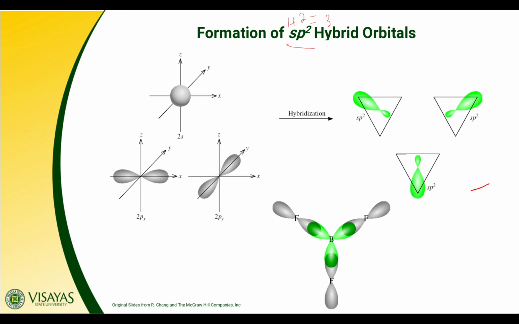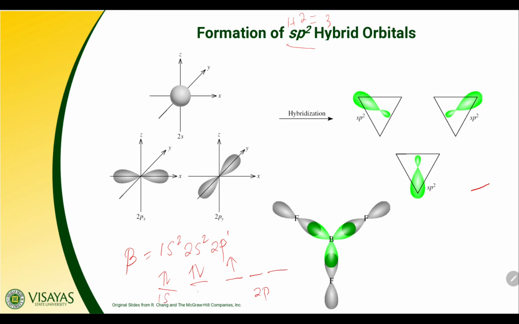That's the configuration for boron. For boron, we have 1s2, 2s2, 2p1. So there are 2 electrons in 1s, 2 electrons in 2s, and 1 electron in p.